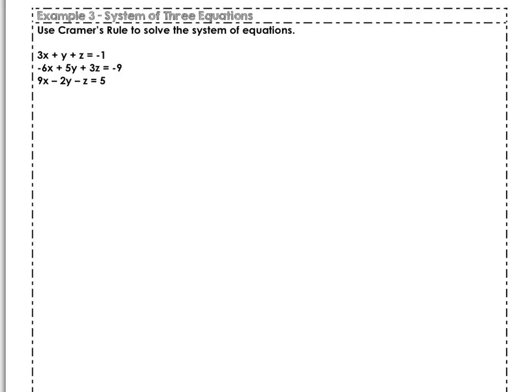All right, so using Cramer's rule to solve a 3x3 system of equations, we're still going to follow the normal protocol. X is going to be the determinant dx, and we're going to divide that by determinant d. The only difference now is the fact that determinant d is going to have coefficients for 3 variables. So, oopsies. It's going to have 3 columns, and it's 3 equations, so it's going to be a 3x3 determinant, okay?